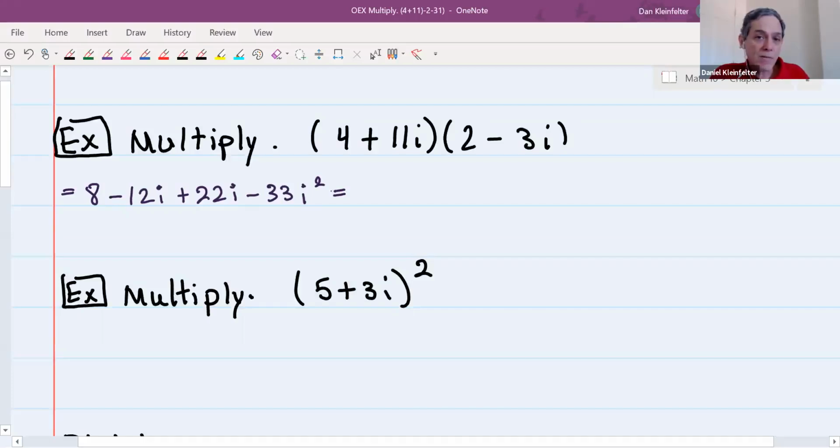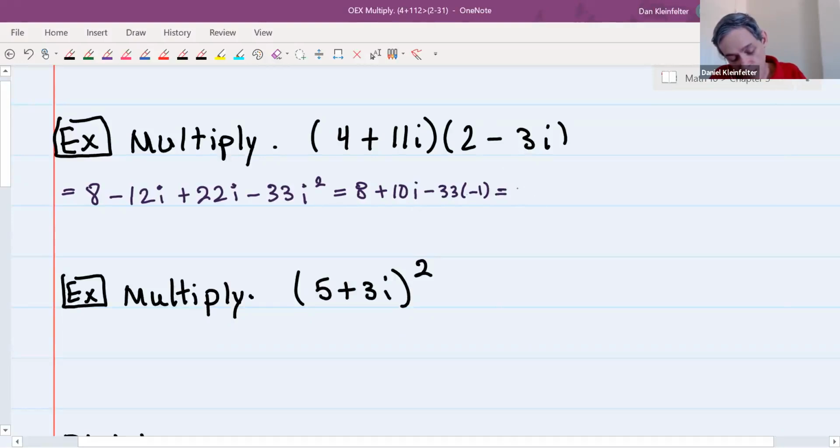Okay, so now as before, let me just copy over the 8. Negative 12i plus 22i is plus 10i. And then negative 33i squared will be negative 33 times negative 1. That i squared over here becomes a negative 1. So this will give us a plus 33.